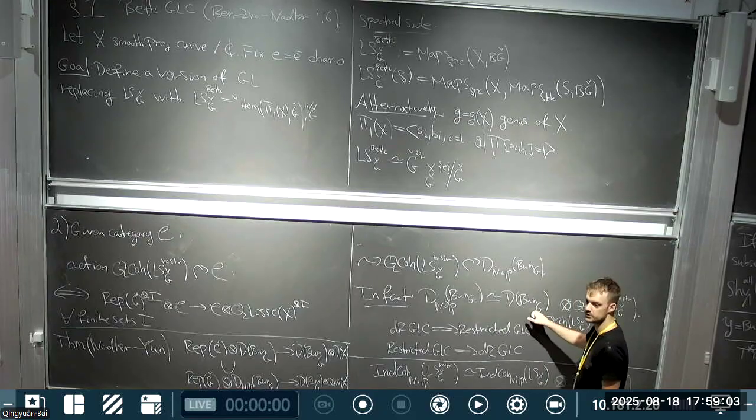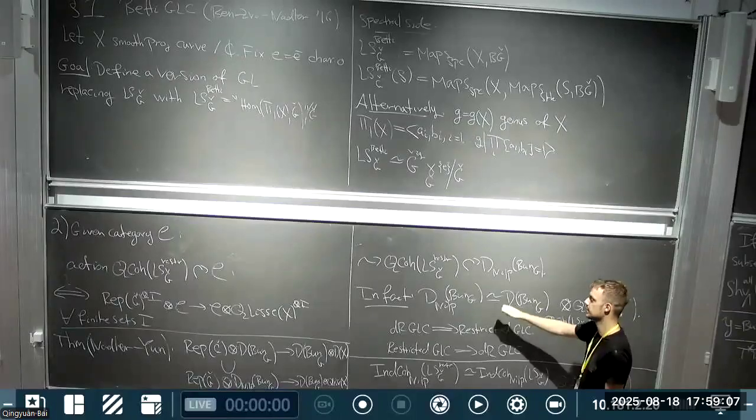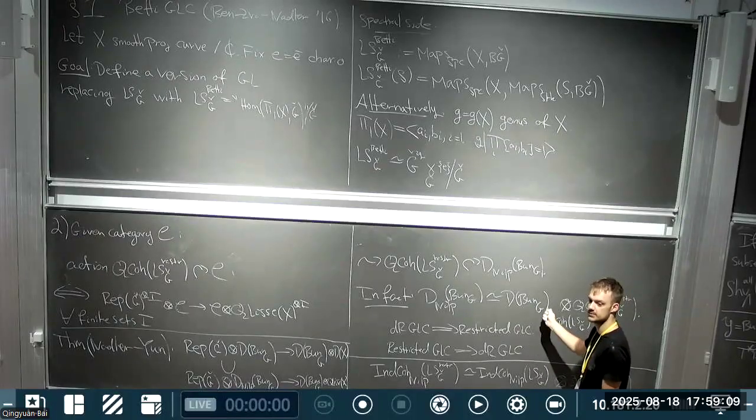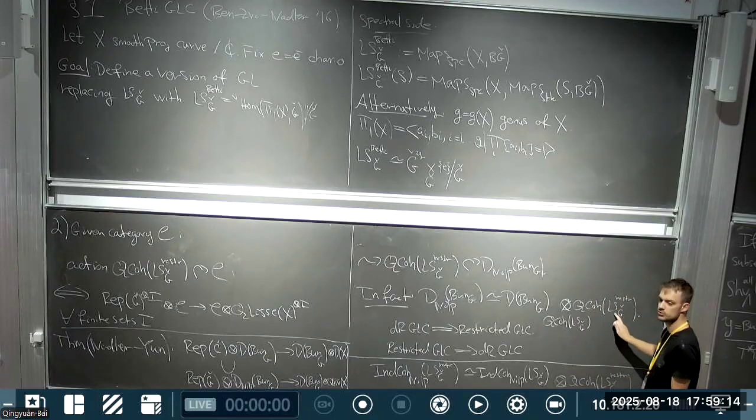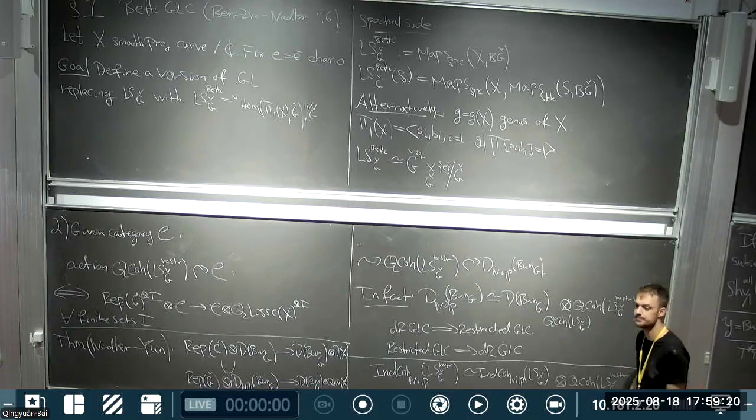Everywhere I write D-mod on Bun_G, you write the sheaf Nilp from before, and you'll get completely analogous decompositions, and the same proof shows that. For example, this Loc_G restricted Betti is also a bijection on k-points to Loc_G Betti, and everything goes through the same.